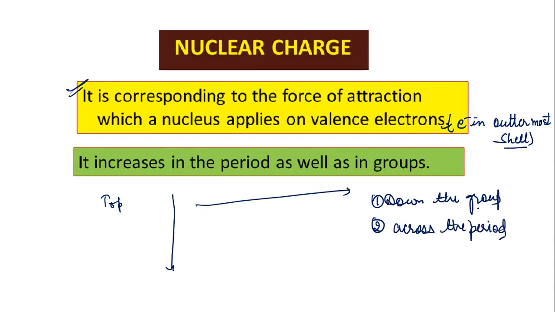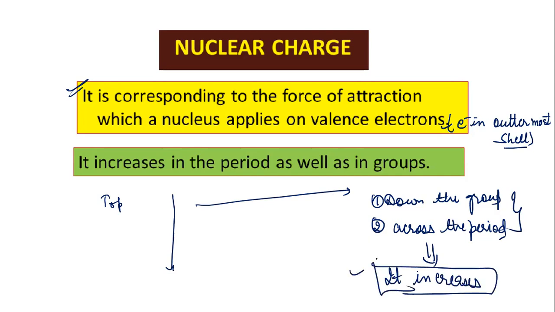Generally I say top to bottom and left to right, but it is the same thing that you are telling and I am telling. Got it? Perfectly fine. And this nuclear charge is directly proportional to ionization energy. First point done.